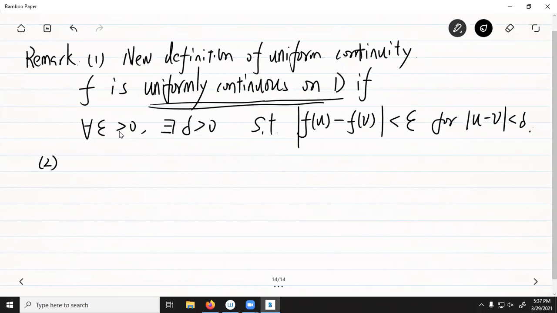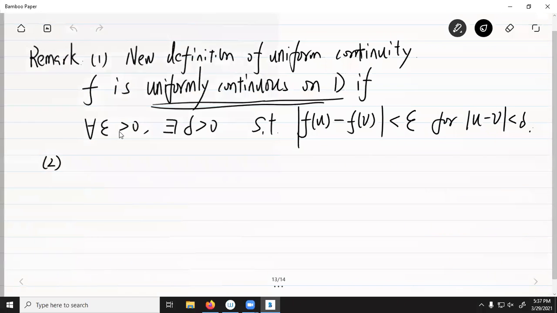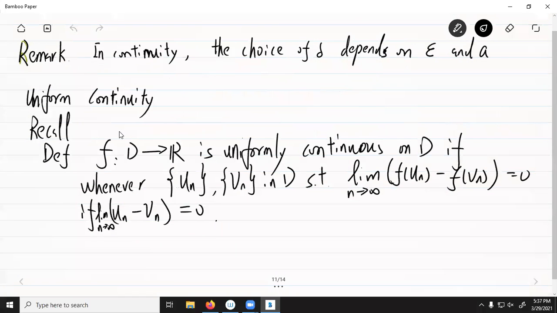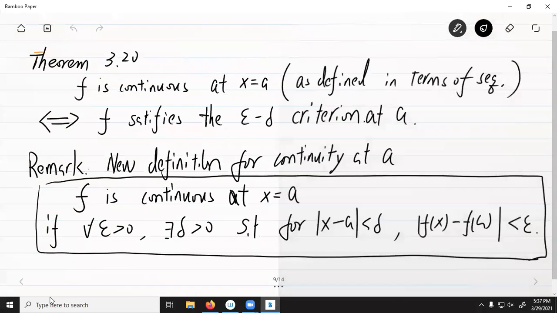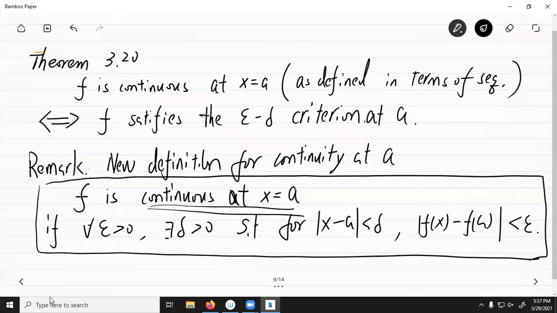So now, look at these two definitions. This is continuous at a: for any epsilon greater than 0, there is a delta such that if |x minus a| is less than delta, then |f(x) minus f(a)| is less than epsilon.